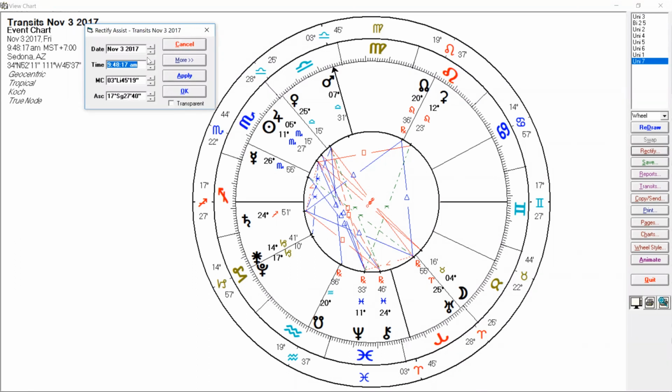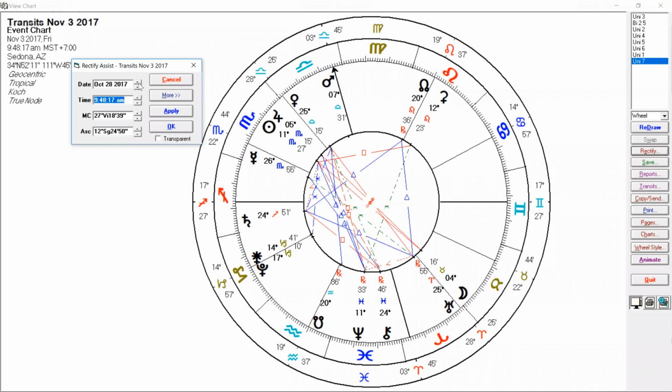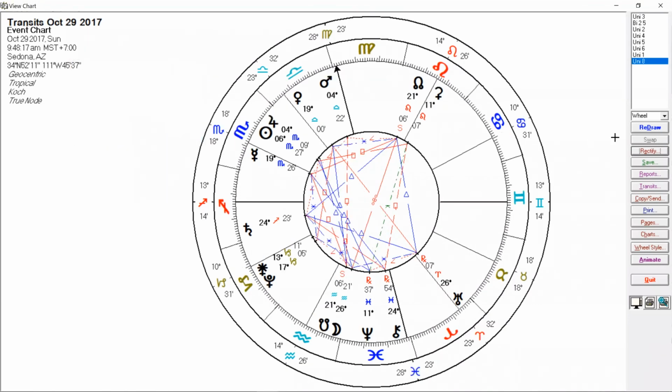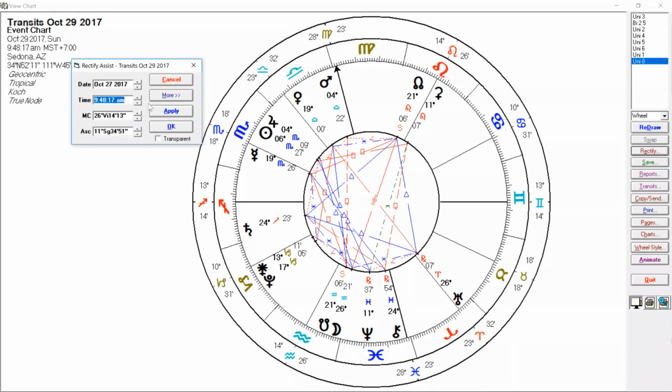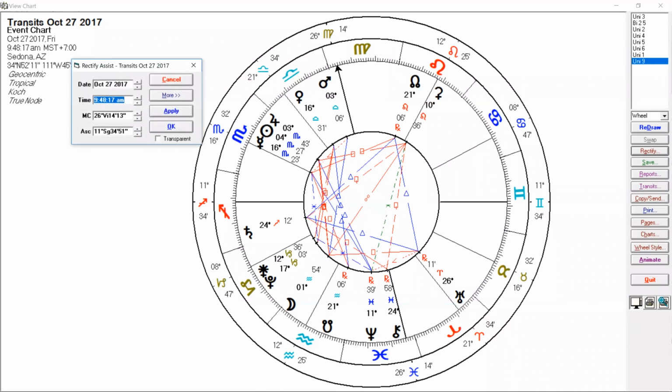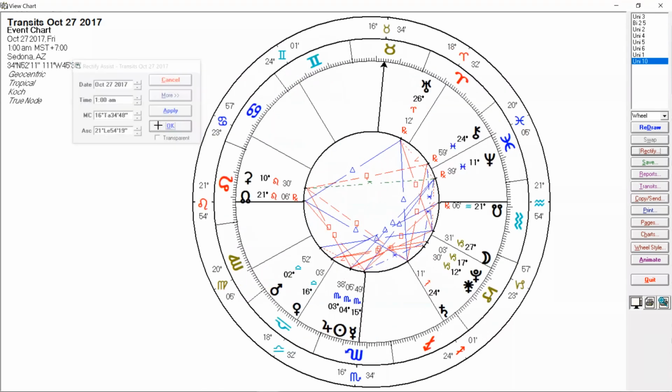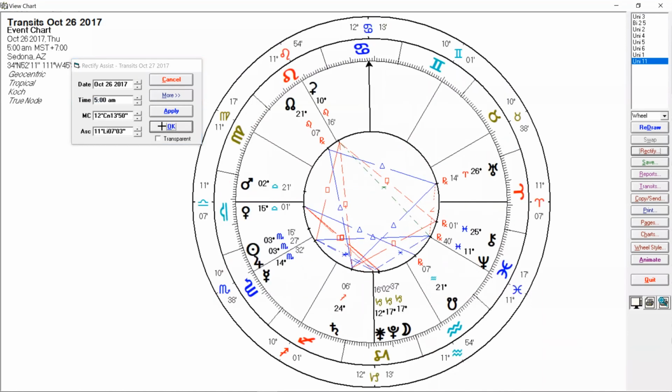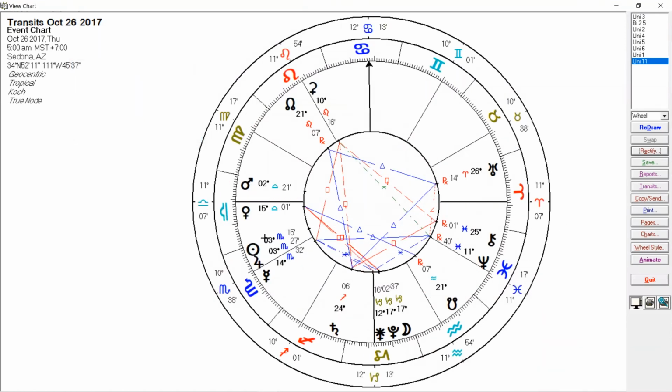If we go back, just a moment. On the 27th, make it even more precise. So here we see the Sun and Jupiter at pretty much exact conjunction at 3 degrees Scorpio on October 26th.